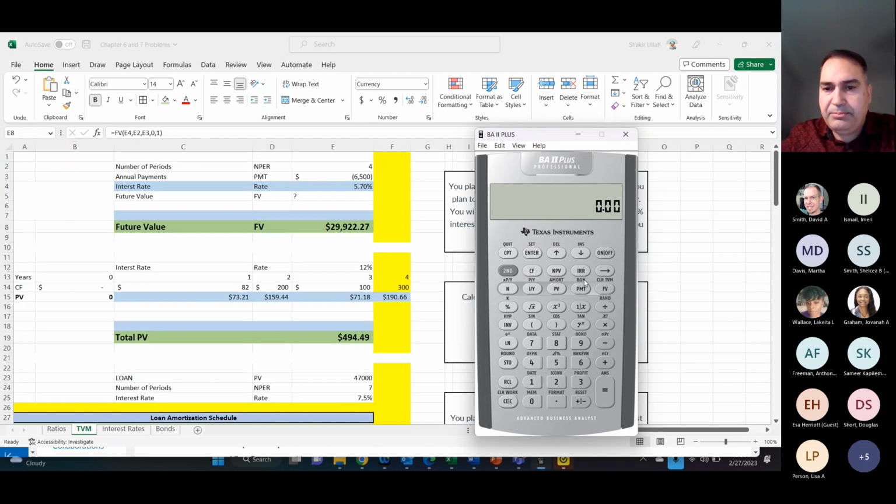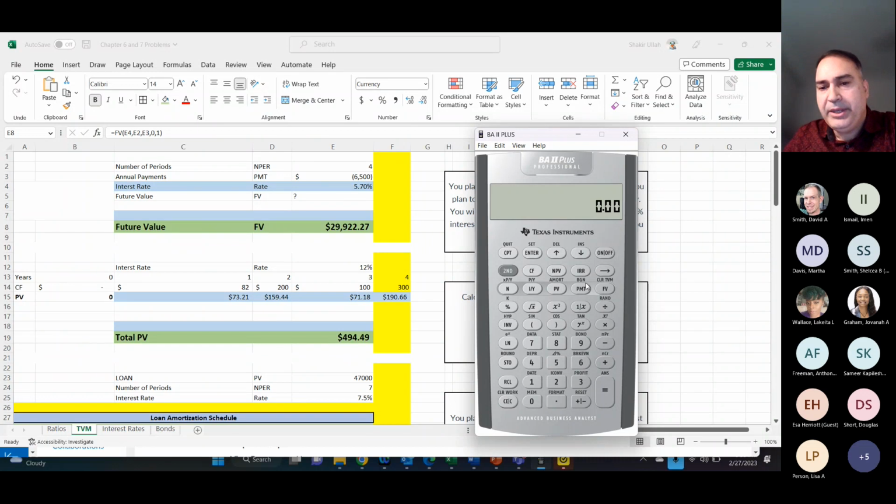If you see, here's a button that says BGN, begin, but that is the second function of this PMT button. So we need to set our calculator to the begin mode. What that means is that it plays the same role as the 1 that we used here in Excel. It does calculations based on the payments taking place at the beginning of each year.